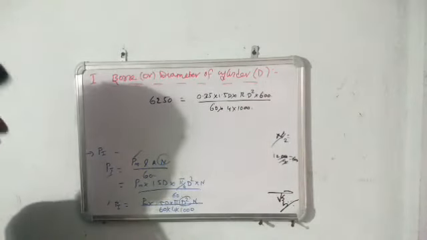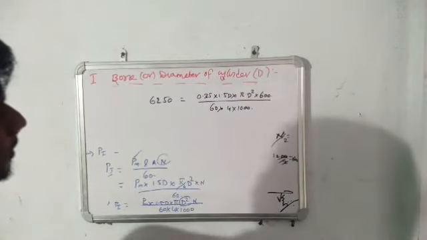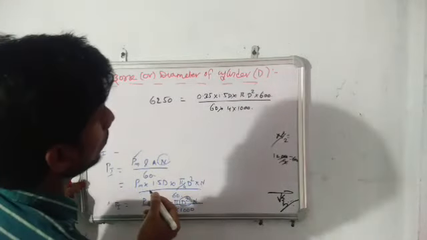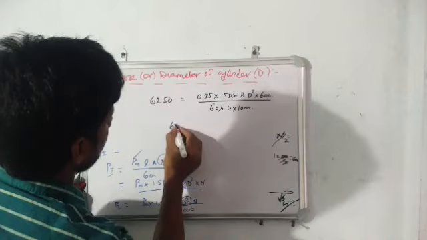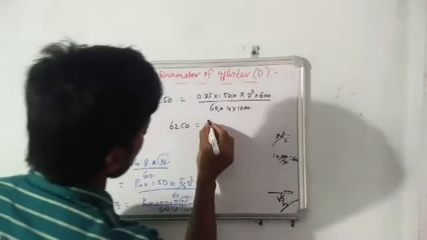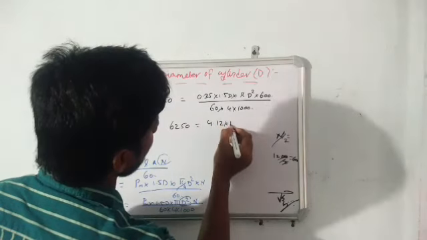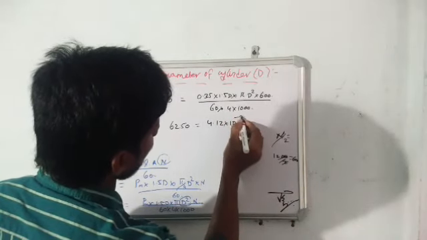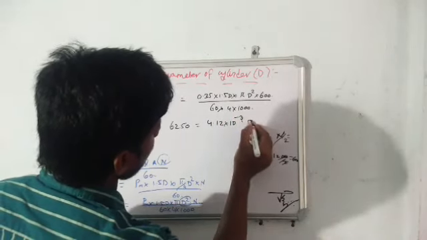By simplifying, finally we get 6250 equal to 4.12 × 10^-3 × d cubed.